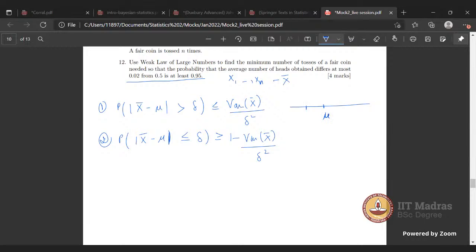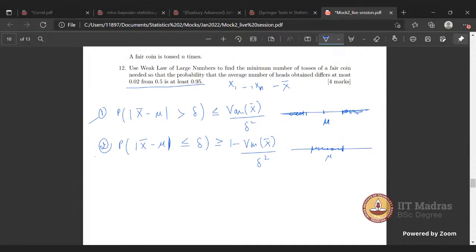In the first case you are finding a bound on this probability, and in the second case you are finding a bound on this probability. So this is x bar.